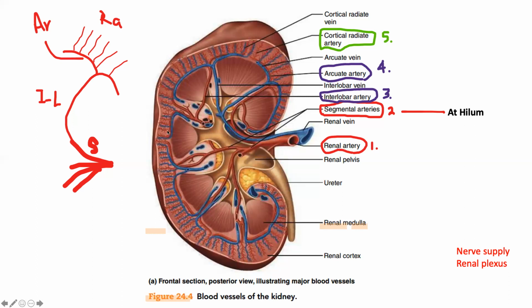And from these arcuate arteries, small little arteries come out. They are called cortical radiate arteries. They are like a sunshine radiating. And the nerve supply of the kidney is from the renal plexus.